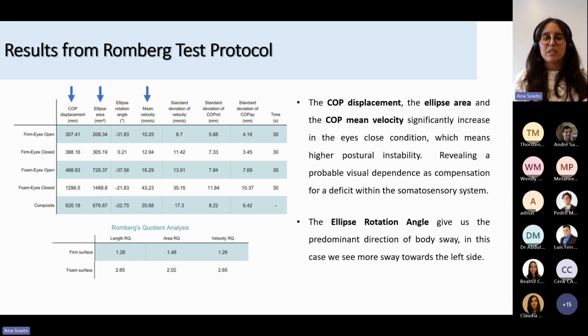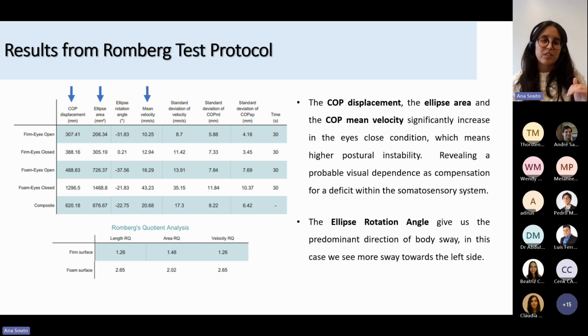So probably this patient is relying a lot on the visual inputs as a compensation for a probable proprioceptive deficit. That is the interpretation that we have.